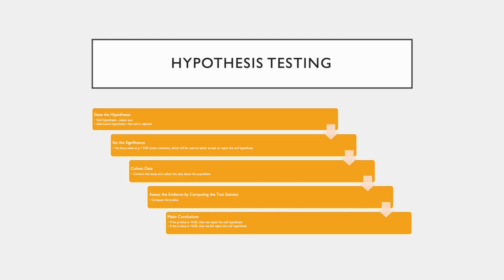Hypotheses need to be tested using statistical analysis to draw a conclusion about the population based on the data collected. Hypothesis testing is the process used to evaluate the strength of the evidence from the sample and provides a framework for making determinations related to the population.